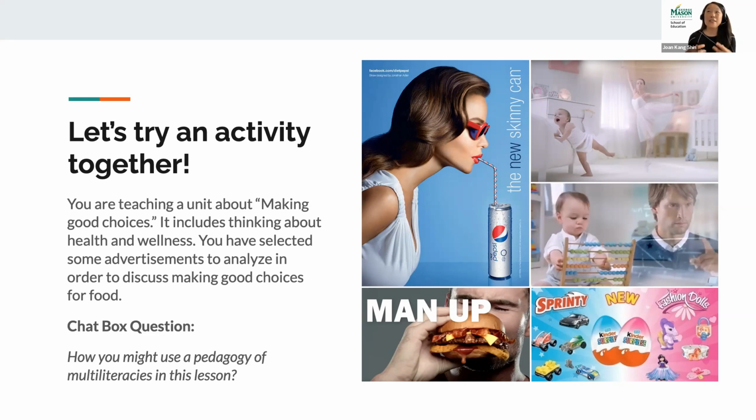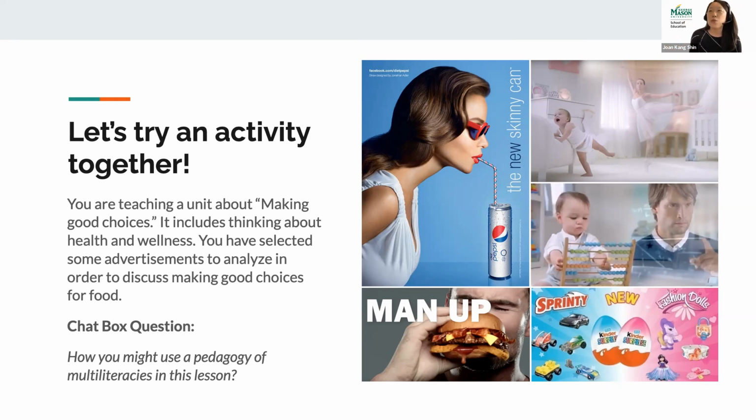To get students to think critically about what meanings are being made through both image and text throughout these types of advertisements. So I want you to think about how you might use a pedagogy of multiliteracies in this kind of lesson.